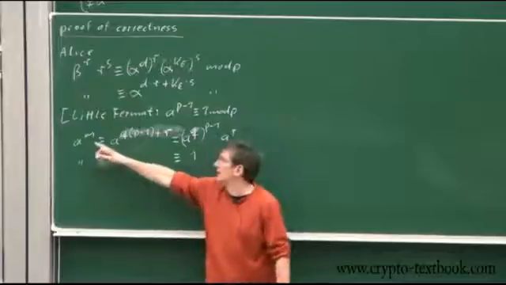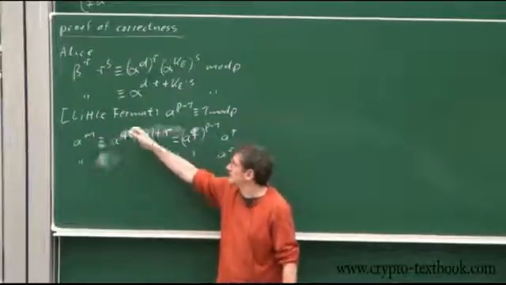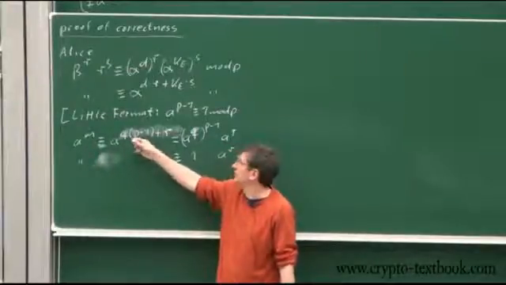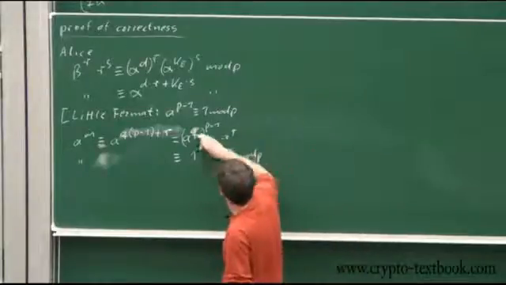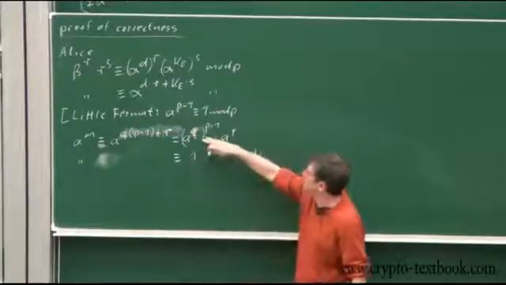So what I'm doing here is splitting m into a multiple of p minus 1 plus r, and then I just rewrite it in this form here.